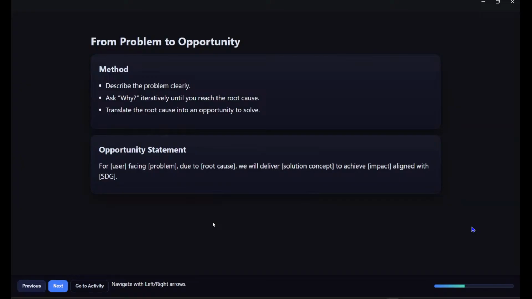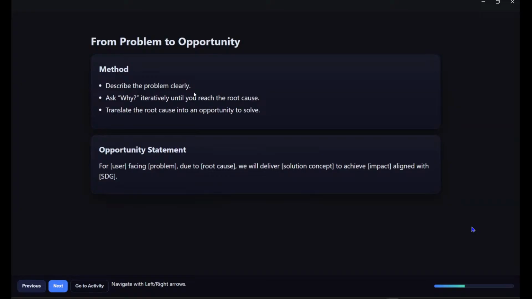The first step is to describe the problem clearly. Every problem that we see related to SDGs cannot be solved with one platform or one solution.